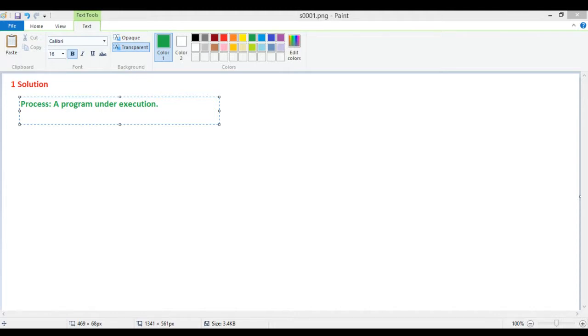A process is a program under execution. This is the definition of a process, and I want all of you to remember it. A process is a program under execution, or you can say a program in execution.